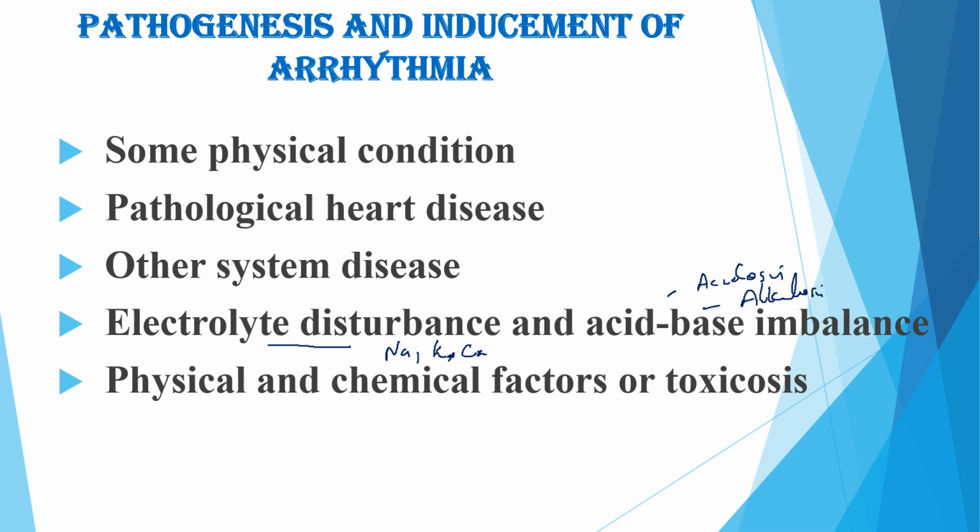Acidosis may be respiratory acidosis or metabolic acidosis. Alkalosis comes as respiratory alkalosis and metabolic alkalosis. In these situations also there will be abnormal electrical activity in the heart. And finally, physical and chemical factors or toxic factors in our body.